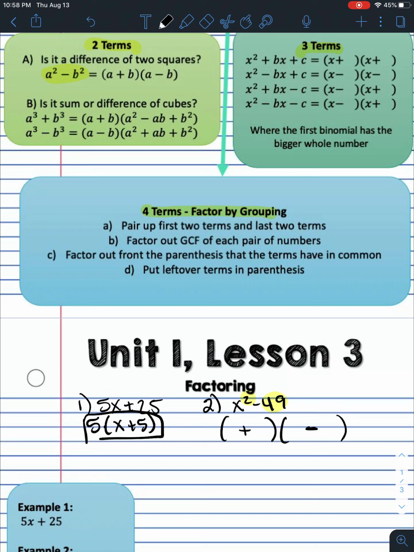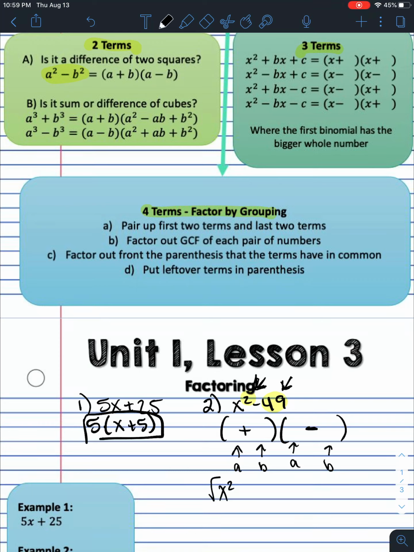So what it's saying is that our difference of 2 squares is set up in the form where I have a squared, which is represented by this x squared here, minus b squared, which is represented by this 49. So if I take the square root of both pieces, then I should be able to figure out what goes into these positions. Because here we're going to have a, here we're going to have b, a, and b, okay?